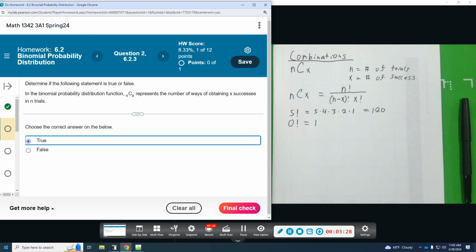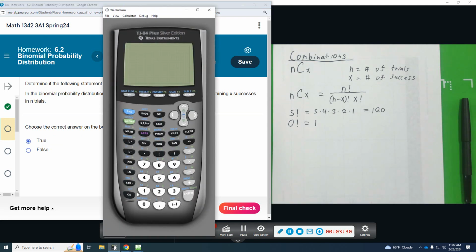Let me show you both of those in the calculator. So if I turn this on and I hit the number 5, I'm going to go to math. I'm going to arrow over to probability. Option number 4 has that factorial. I hit enter, and I get 120. So even if you did 5 times 4 times 3 times 2 times 1, you get 120.